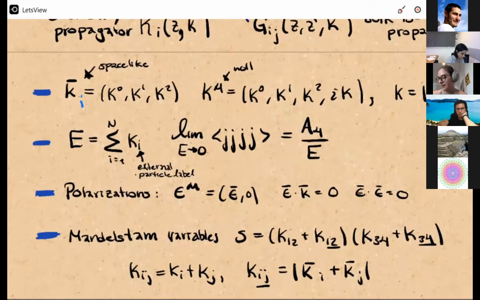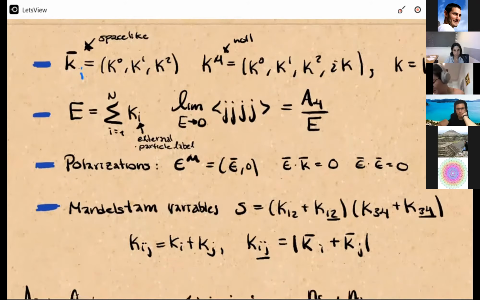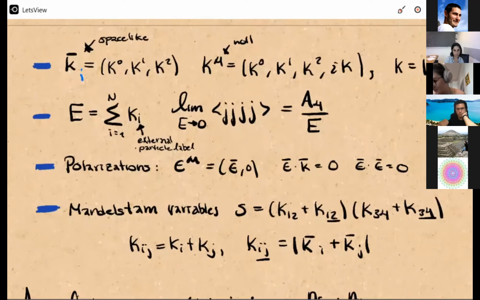Here I'm defining the 4D one, but you just add an extra zero there, perpendicular as usual to the momentum. And then we define these special Mandelstam variables. This is basically the analog of the Mandelstams in flat space.